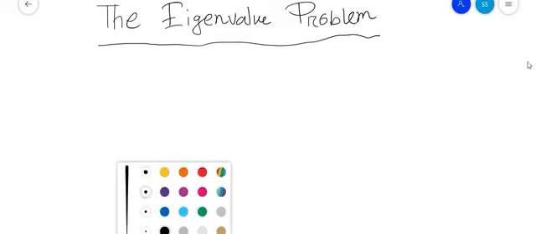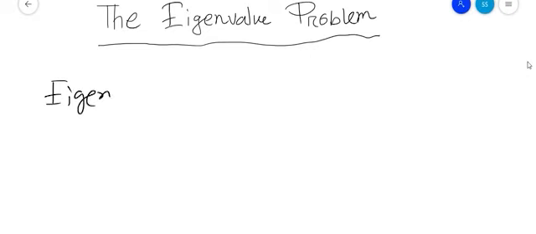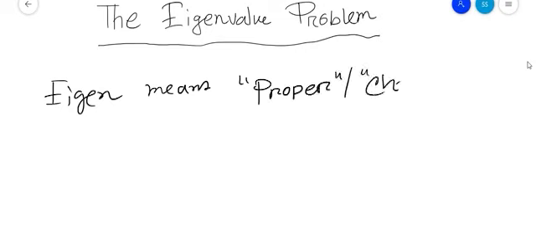Today we are going to talk about a totally new thing, something called the eigenvalue problem. So this eigen word is actually a German word and it means proper, or characteristic.